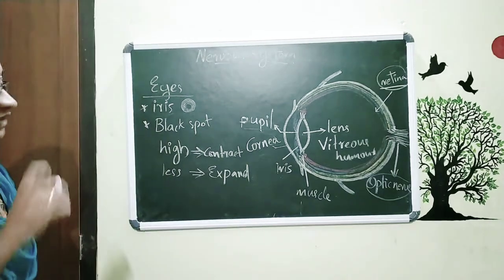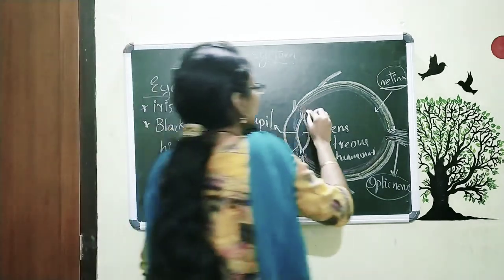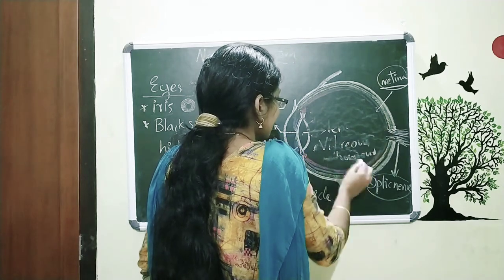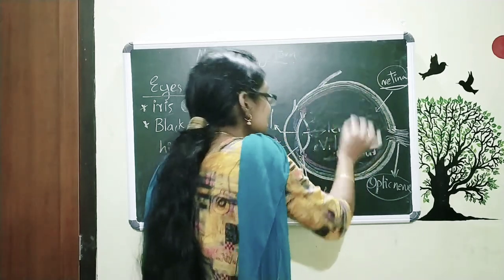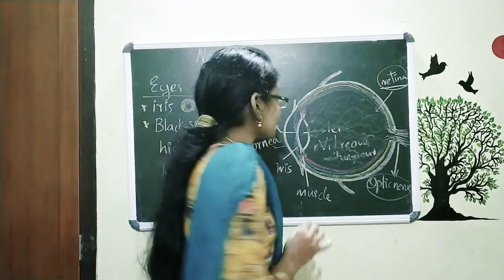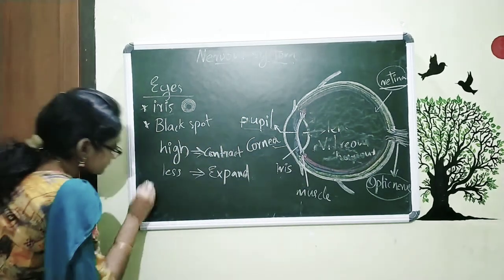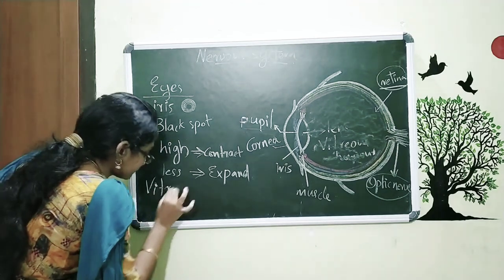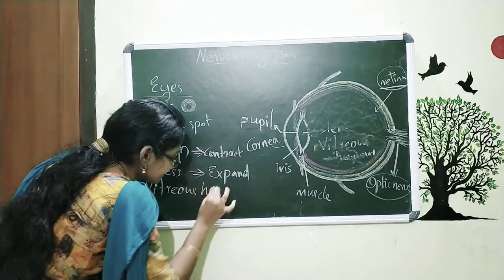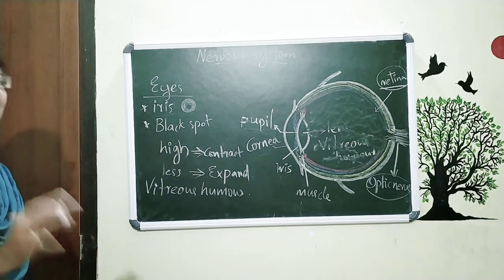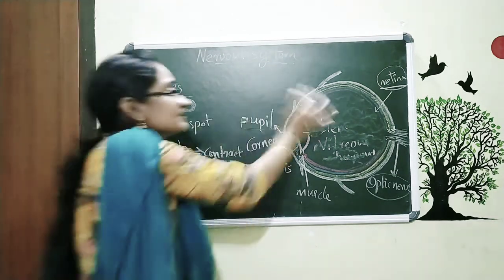Also you want to remember one thing, in our eye you can see here a big region, and this region is filled with a certain fluid called vitreous humor. Vitreous humor means a certain type of fluid present in our eye.